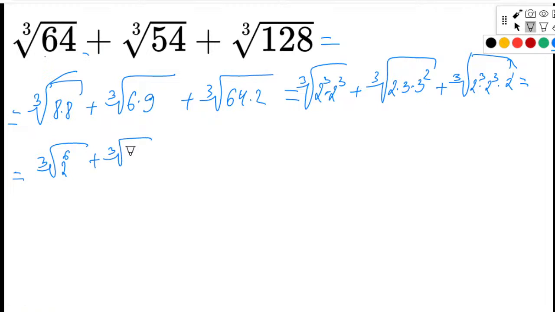What we get here, it's 2 multiplied by 3 to the power of 3, because 1 and 1 plus 2 is 3, plus cubic root of 2 to the power of 6 multiplied by 2. Let's follow what we get there.